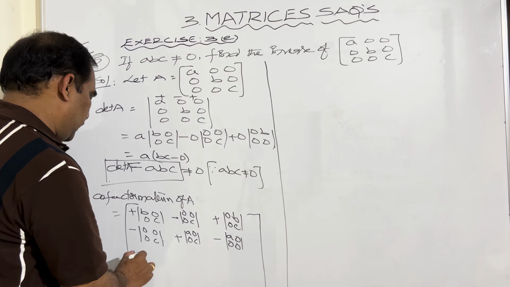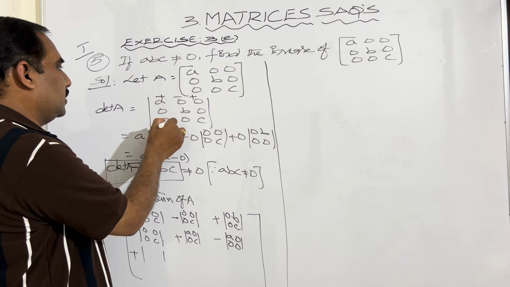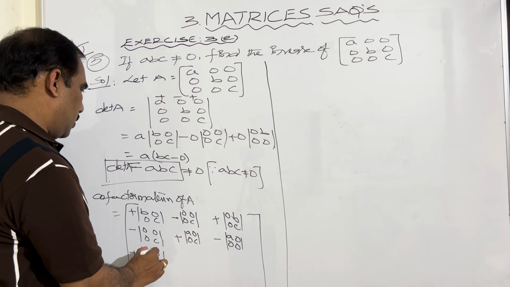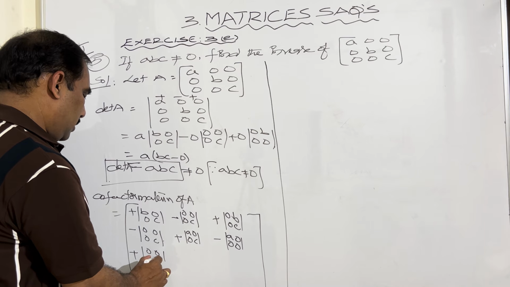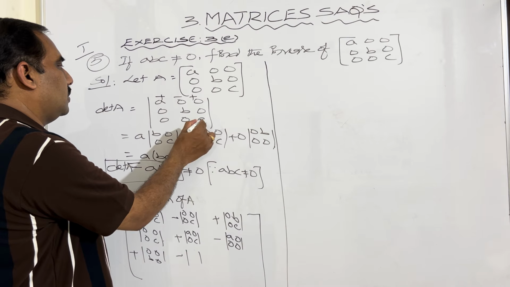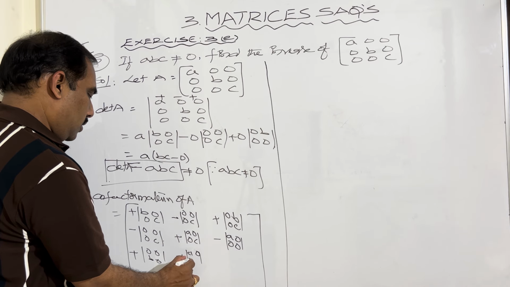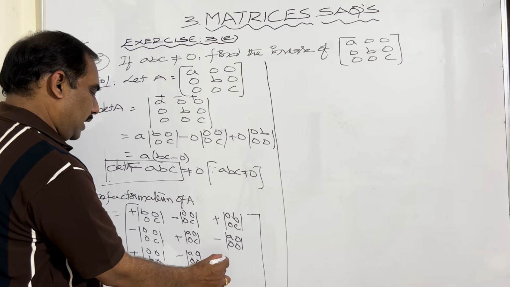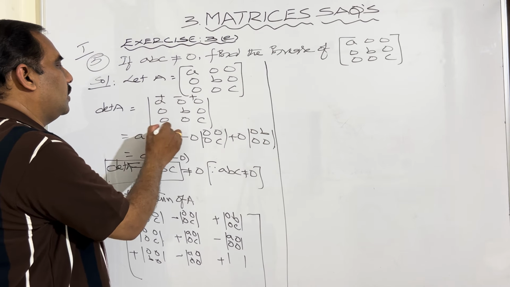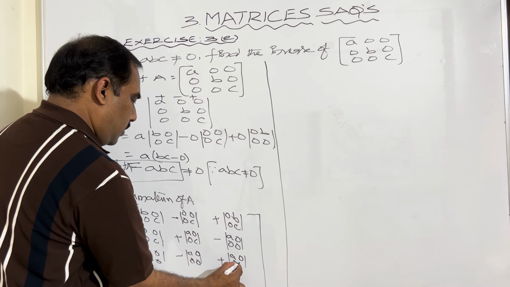And again with plus, third row and first column, if you delete, we get 0 0, B 0. Next with minus, third row, second column, if you delete, we get A 0, 0 0. And with plus, third row, third column, if you delete, we get A 0, 0 B only.